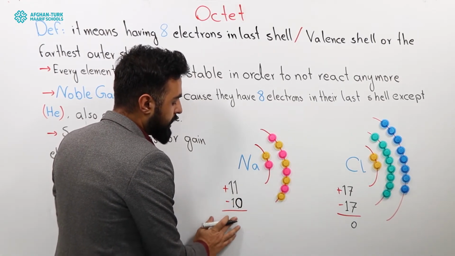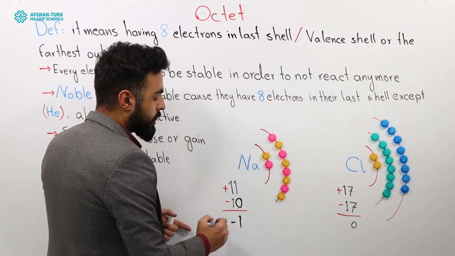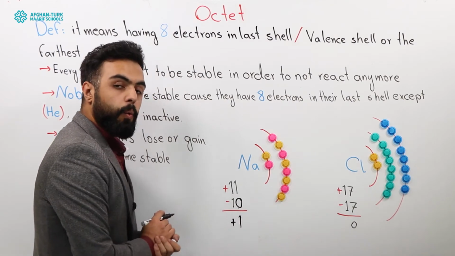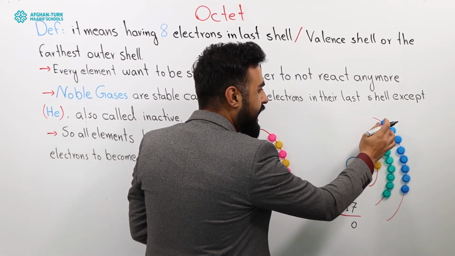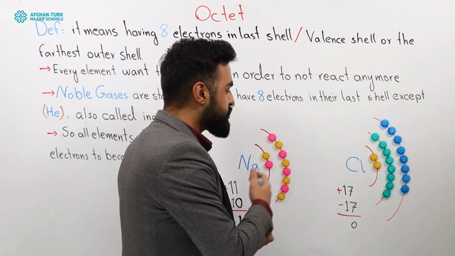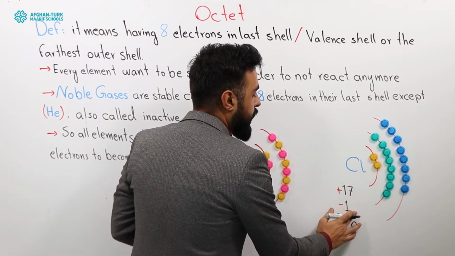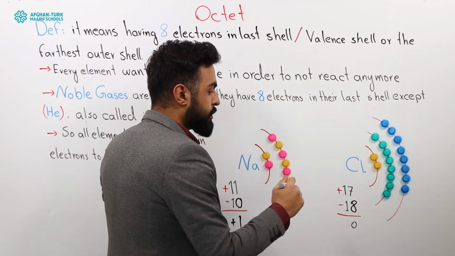So when we calculate, the charge here is positive 1, plus 1. But in chlorine it gained one extra electron, it changed from 17 to 18. Now we have 18 electrons but 17 protons.